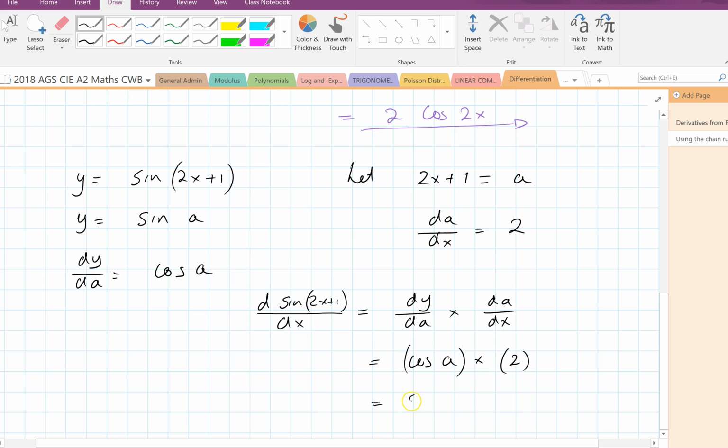In other words, it's going to be 2 cos, the value of a was 2x plus 1. So we're using the chain rule once again. We basically are deriving what's inside that bracket. That goes in front of the ratio, and then we keep the angle the same.